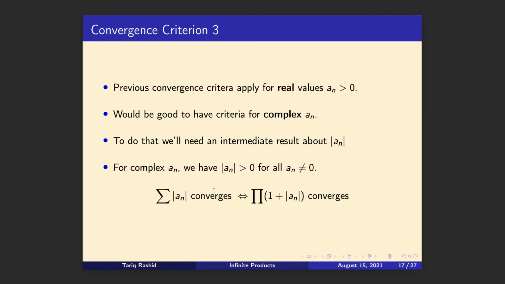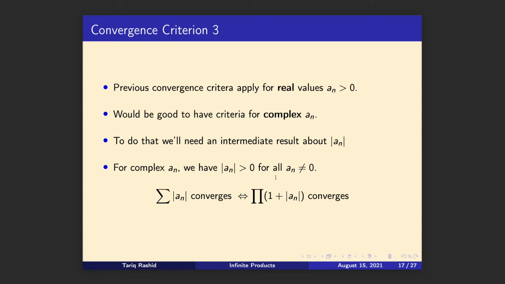So we've previously had convergence criteria for real values, and it would be good to have convergence criteria for complex numbers, complex an. So we just need an intermediate result first, and then we'll get the final criterion for that. For complex an, we can actually reuse the first criterion, because the first criterion was about an more than 0, and if we take the magnitude of a complex number, it's always going to be more than 0 as long as the complex number isn't 0.